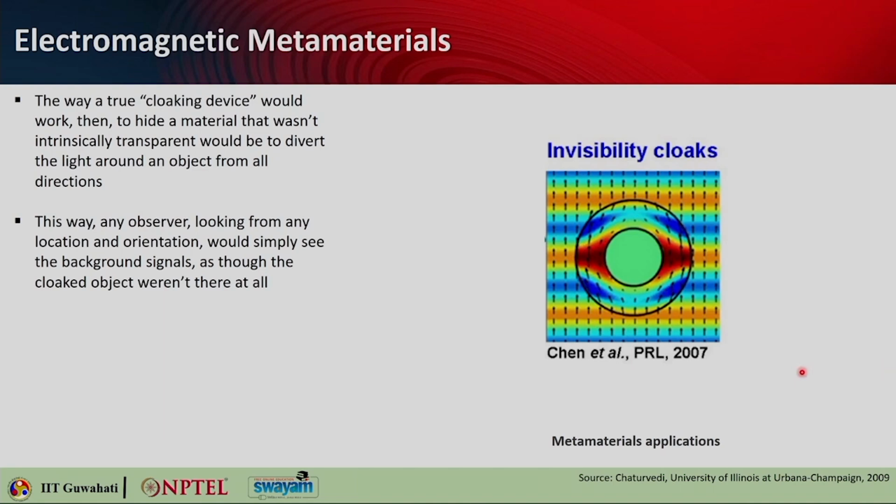That is how you can develop a cloak. For novel metamaterials, we'll see in the subsequent lectures how to develop this kind of metamaterials, what are the properties, how you do it mathematically, and how you come up with such a design.